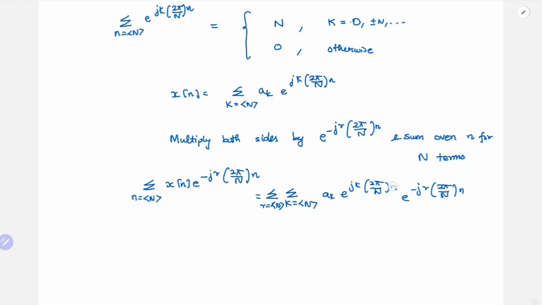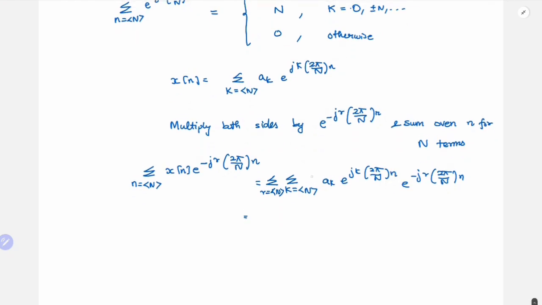Okay, so now on the right hand side I'll invert the summations. So I'll take k terms on the outside. In this I have only a_k, and let me combine these both, since this is again a sum over n, right? We are summing over n, so n terms are here, so I should keep them inside.